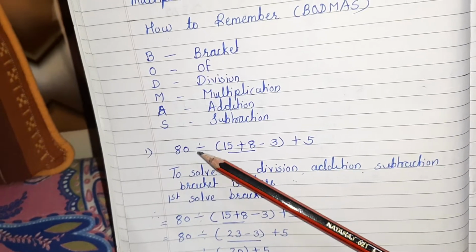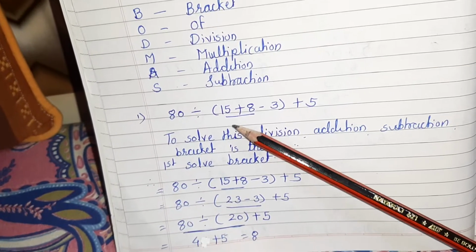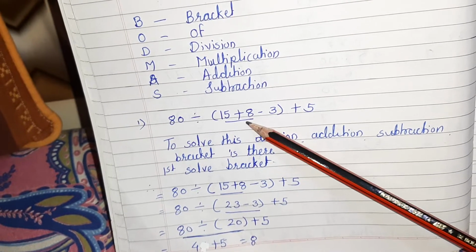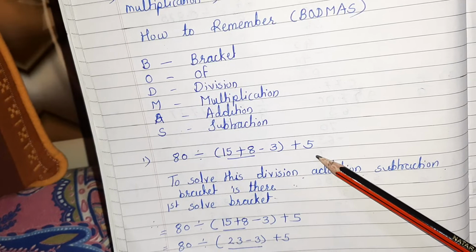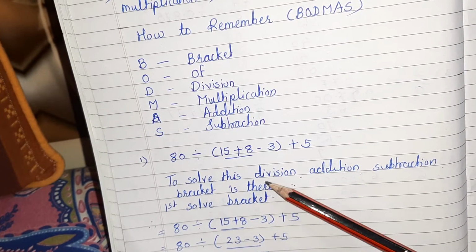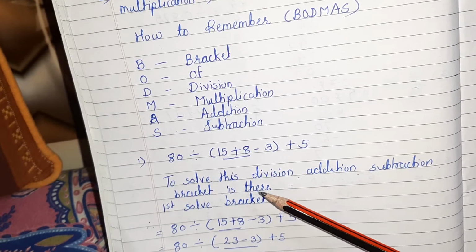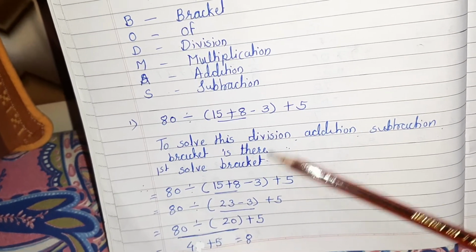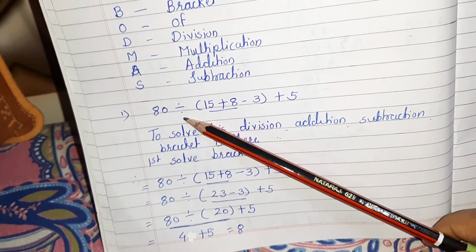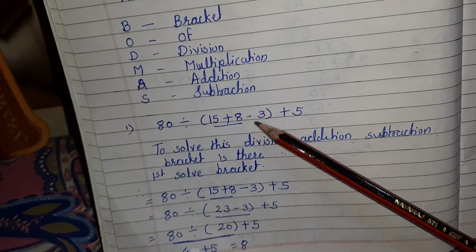First one: 80 divided by, inside the bracket, 15 plus 8 minus 3, bracket close, plus 5. To solve this, division, addition, subtraction and brackets are there. How many operations are there, that you should understand. For that I have written here. So here it is division, here is a bracket, addition, subtraction.